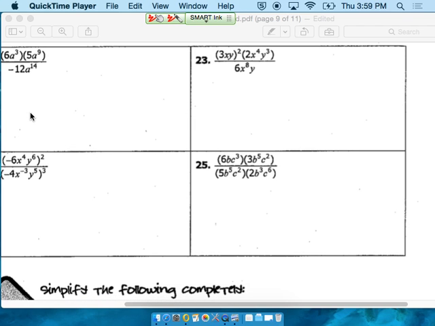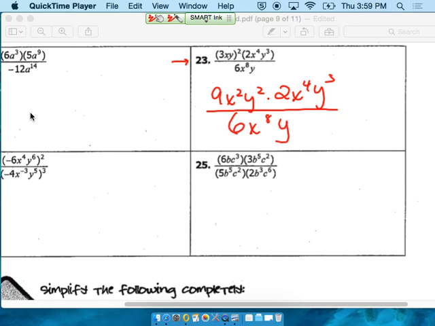So let's look at number 23. So I would apply the exponents first. And let's see, this is just kind of rolling everything all together. And then I would take care of my numerator. So I'd have 18, and I would have 6 x's and 5 y's, comparing that to my denominator. So 18 divided by 6 is 3.